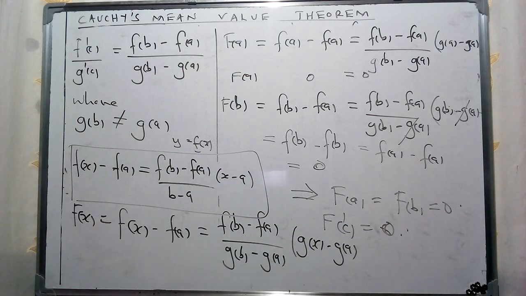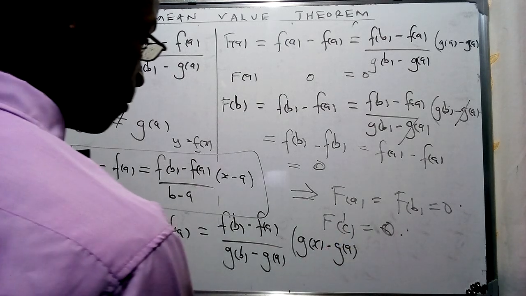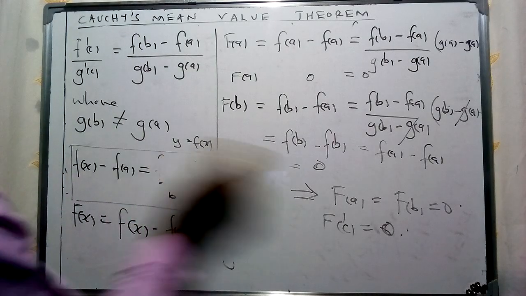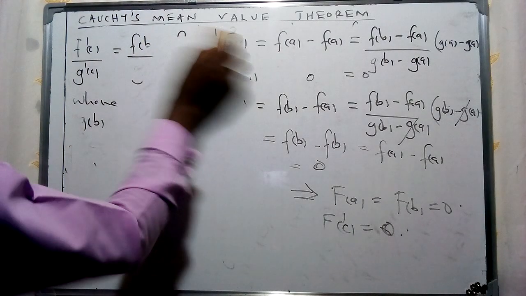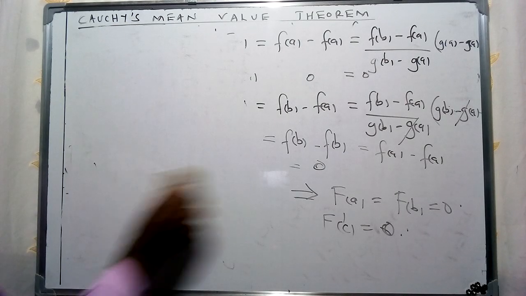And in this case, we can consider representing this for the values of the derivative of f at c, and try to see, according to Cauchy's mean value theorem, what it's going to give us.